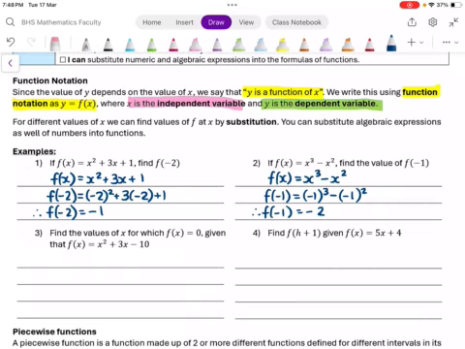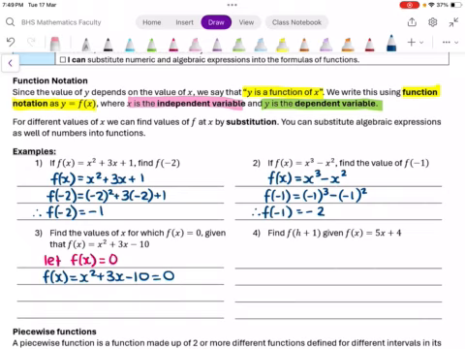For example 3, this one's a little bit different. We want to find the values of x for which f of x equals 0, given that f of x equals x squared plus 3x minus 10. So what we're going to do here is let f of x equal 0. So we have x squared plus 3x minus 10, and we're going to let that equal 0.